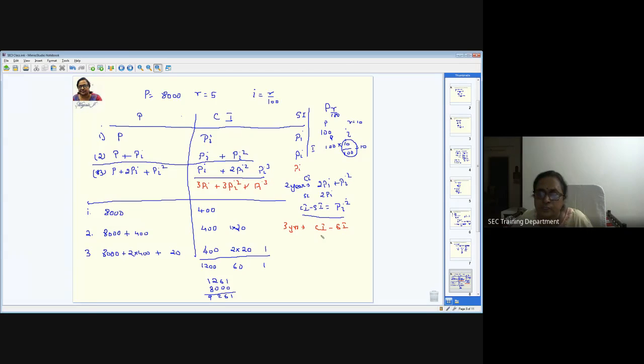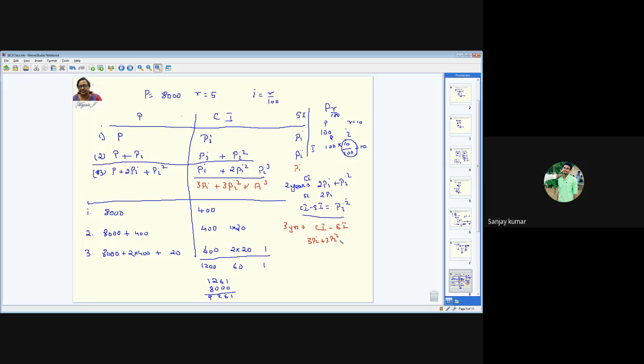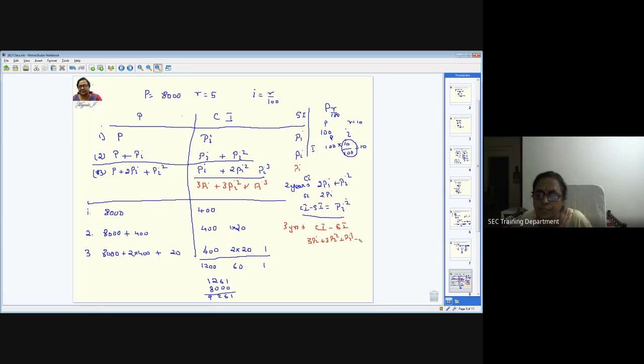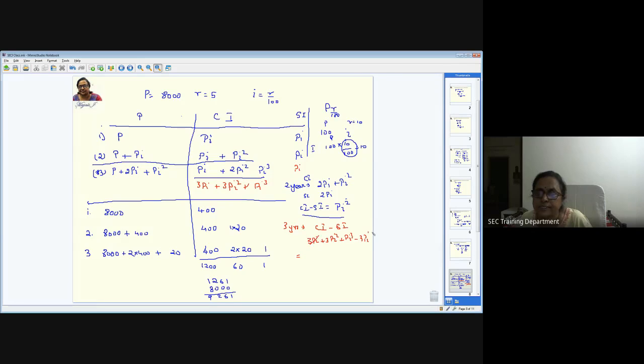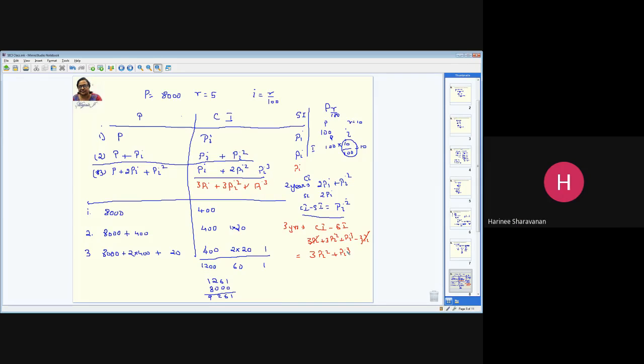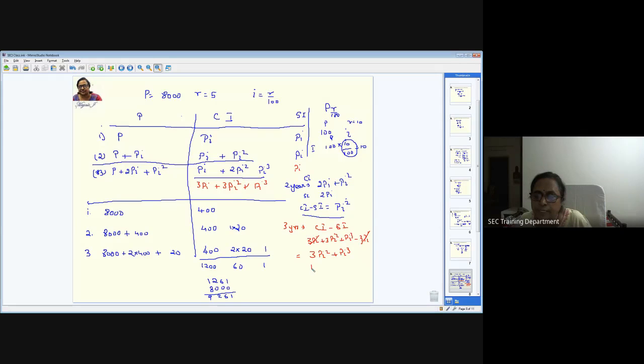That's it. So this is going to be 3 PI plus 3 PI square plus PI cube minus 3 PI. So what's the answer? This will get cancelled. So you will have 3 PI square plus PI cube. And you can take out this PI square as common, and inside you will have 3 plus I.